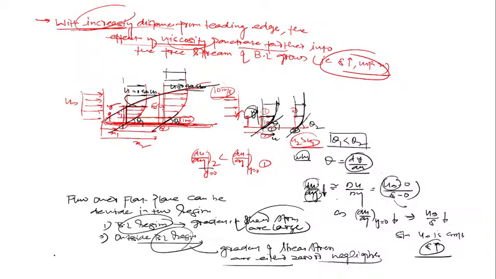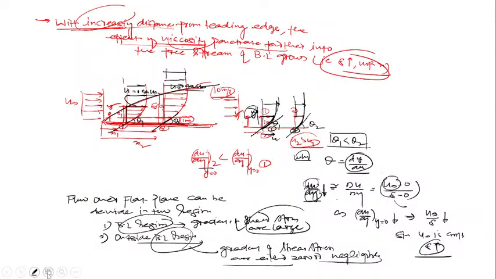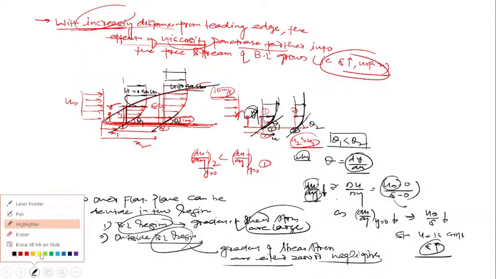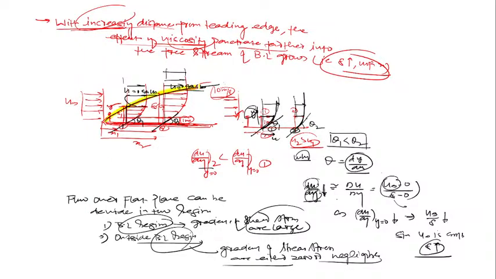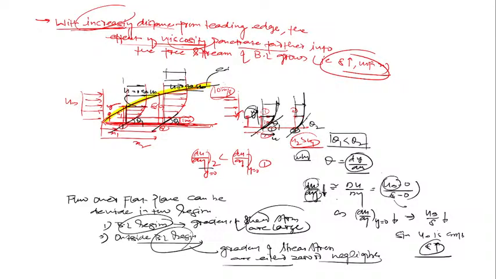And this line is called the edge of the boundary layer, that I'm going to highlight here. This edge will demarcate the boundary layer region from the region outside the boundary layer. The outside is also called the potential flow region.